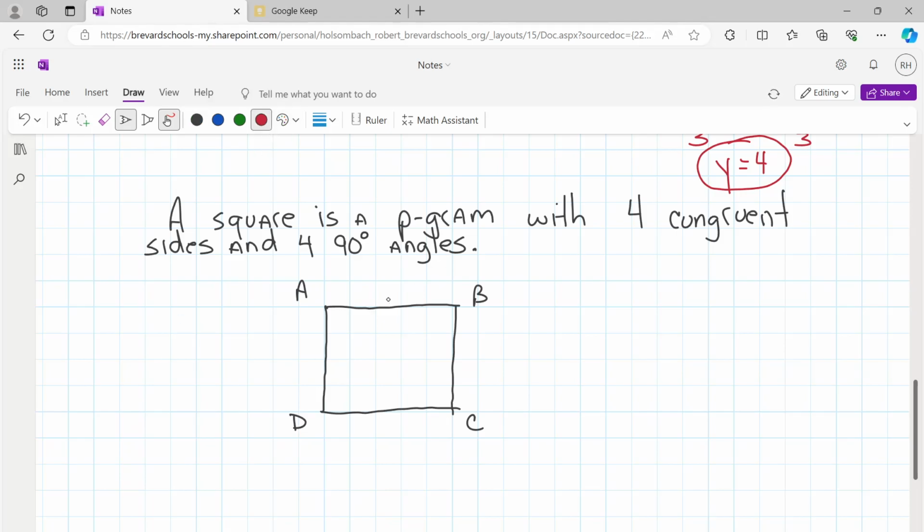Four congruent sides. Four 90-degree angles. Everybody all right with that?